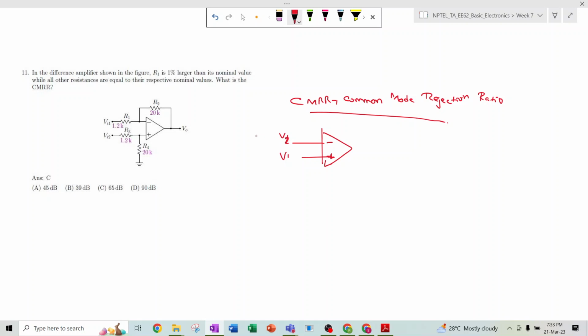What I have discussed is that VO will be nothing but AD into VD plus AC into VC, right? Where VD is the differential voltage, which is V1 minus V2, and AD is the differential gain.